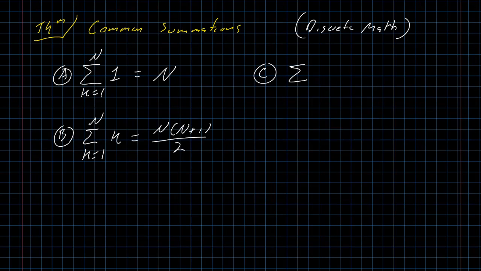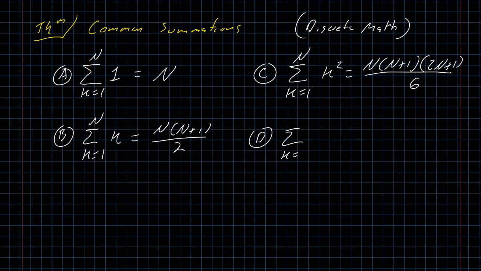The sum k goes from 1 to n of k squared is n times n plus 1 times 2n plus 1 all over 6, and the sum k goes from 1 to n of k cubed is n squared times n plus 1 squared all over 4.